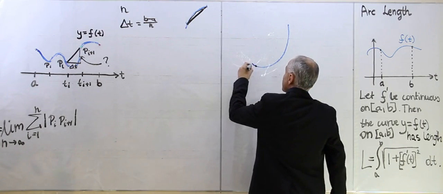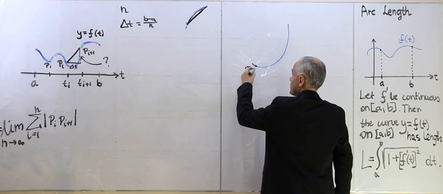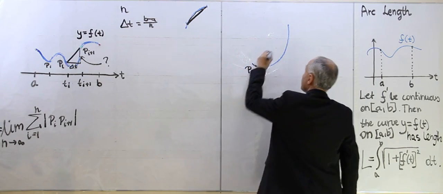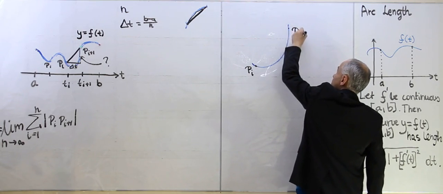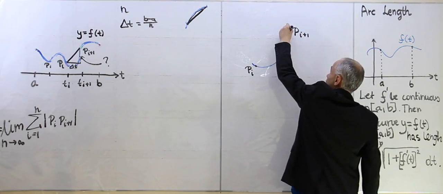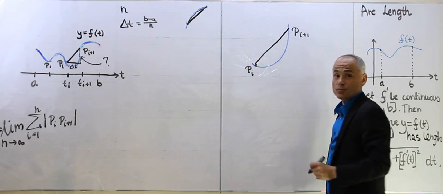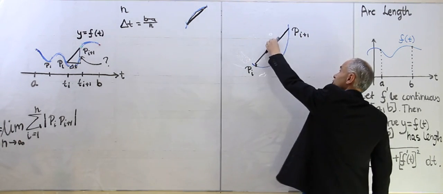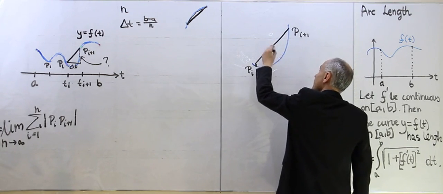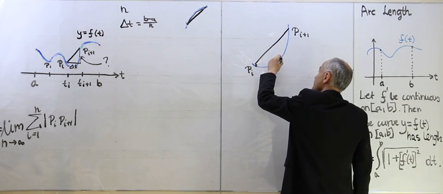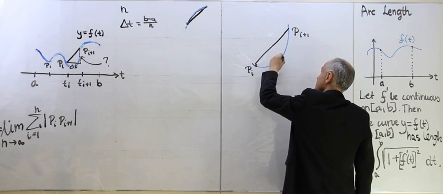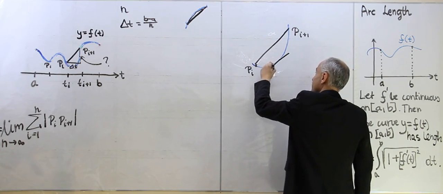So if we take two points on the graph of f of t, say Pi and Pi plus 1, then we look at the line joining these two points, and we translate it in a parallel fashion until its translate becomes a tangent to the graph of f.